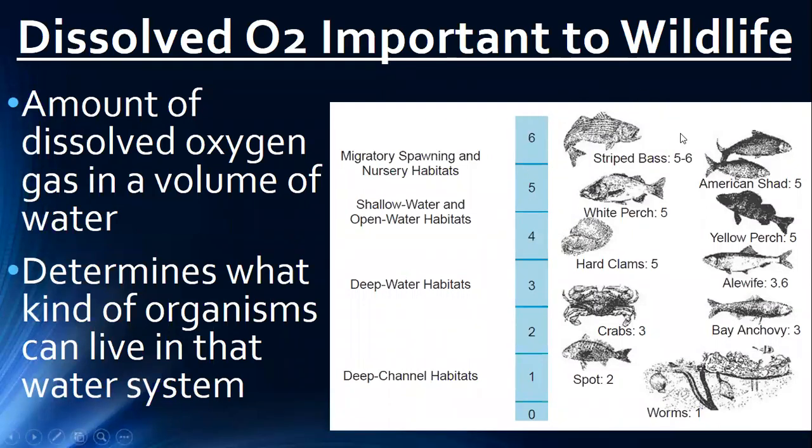Basically, the more advanced or the more sport-worthy the species, the greater amount of dissolved oxygen is needed. The simpler, the more common the organism is, the less dissolved oxygen it needs. Generally speaking, the more dissolved oxygen, the higher the biodiversity; the less the dissolved oxygen, the lower the biodiversity.